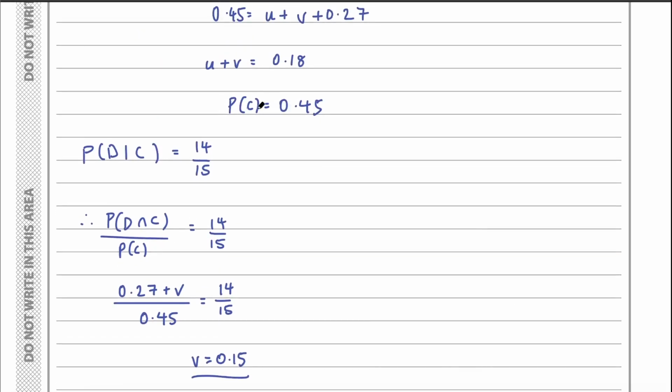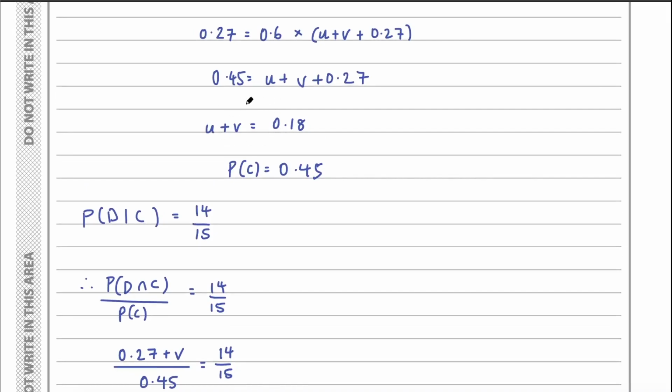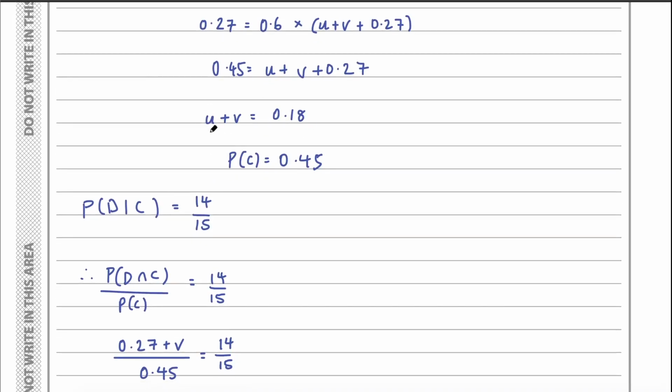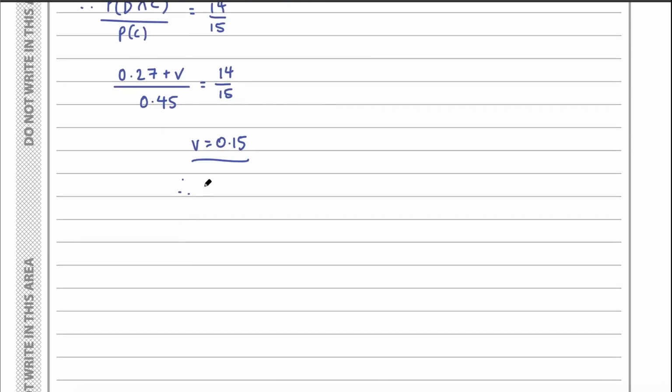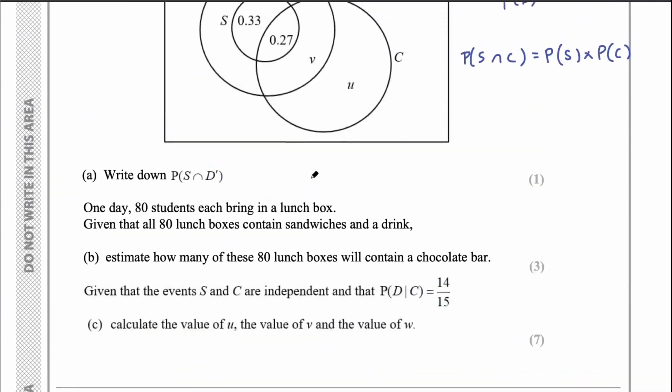Therefore, we can use this part of this problem, U plus V equals 0.18, to solve for U. So U plus 0.15 equals 0.18. So therefore, U equals 0.18, take 0.15, 0.03.